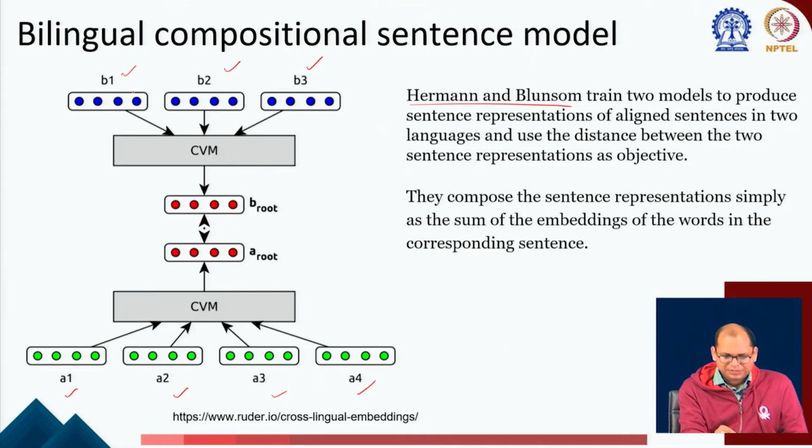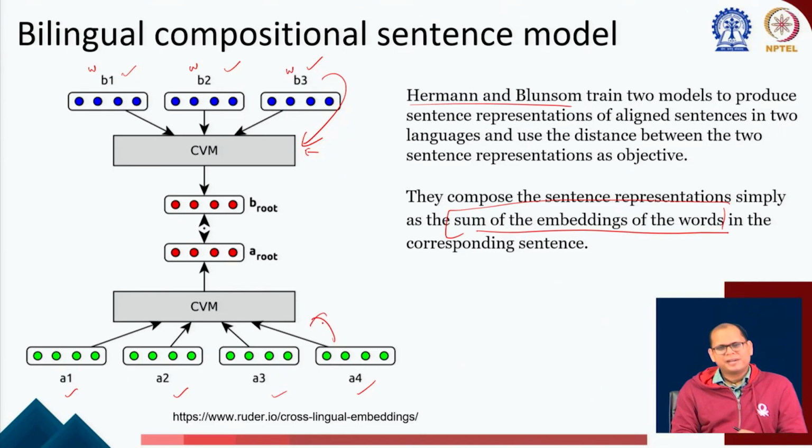They use a simple sum of the embeddings of words in the corresponding sentence. So, let us say you have W of B1, W of B2, W of B3, the embeddings for 3 words. Now, you simply sum them over, and call it the sentence representation. Similarly, you sum the 4 embeddings of words and get the sentence representation.